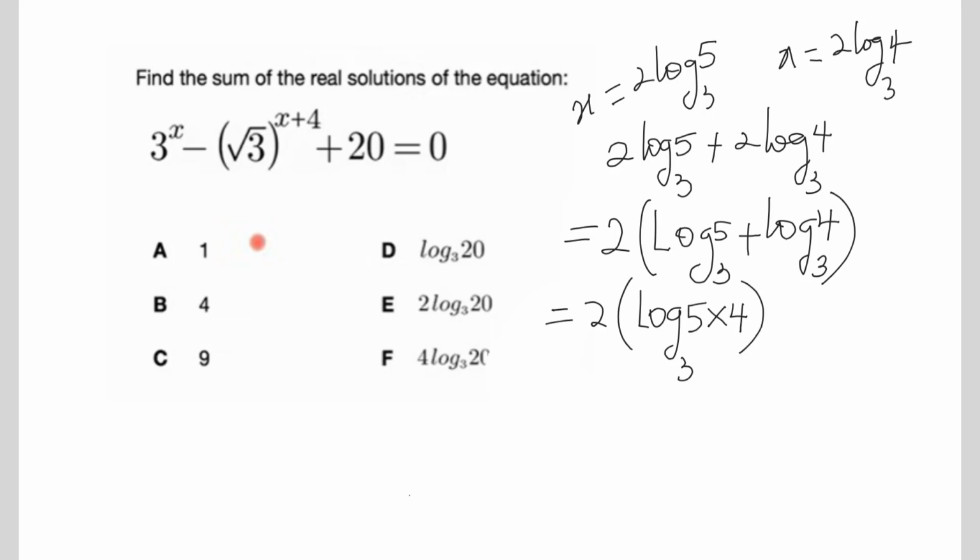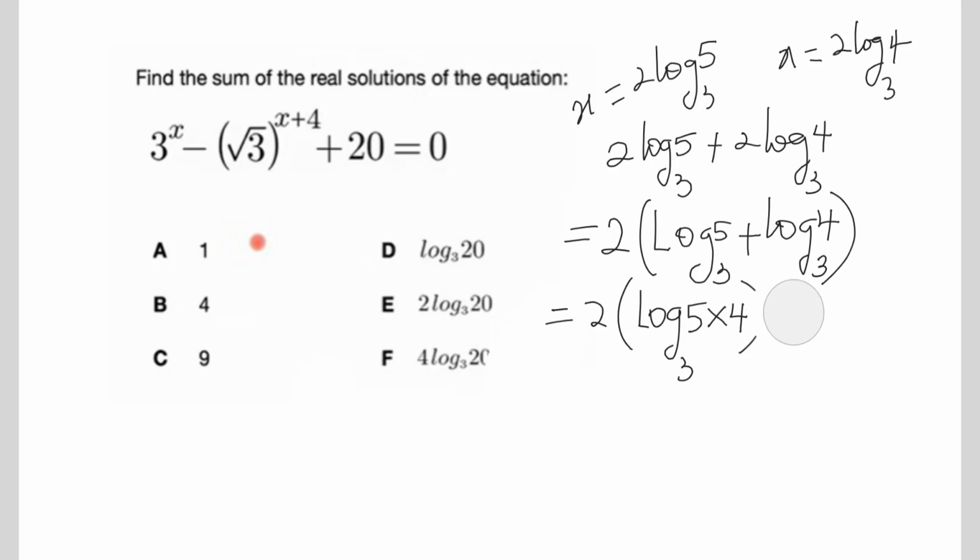Please don't forget when we have log A plus log B, in as much as they are both having the same base, it's going to be equal to log A multiplying B. And that's what I have just done here. So I have log 5 plus log 4 sharing the same base becomes log 5 times 4 with base 3.